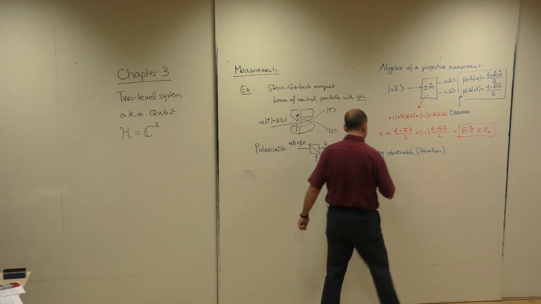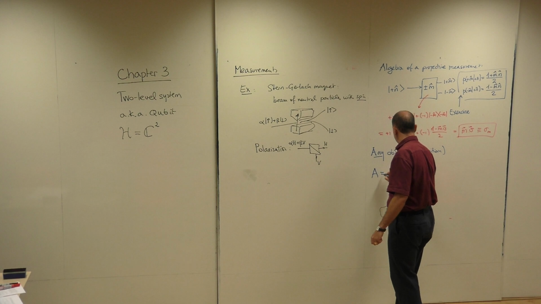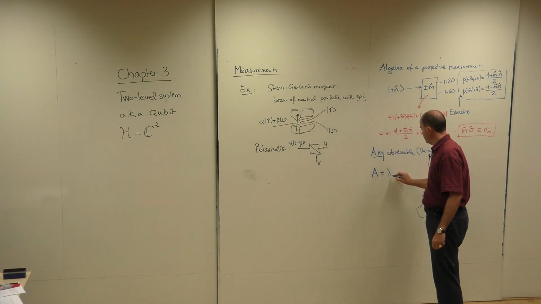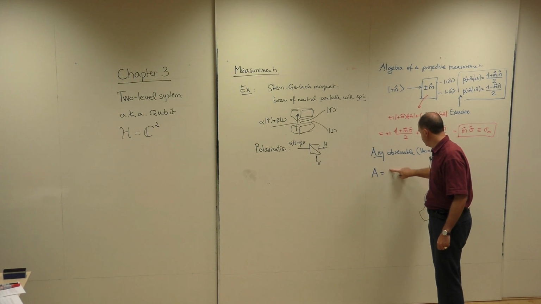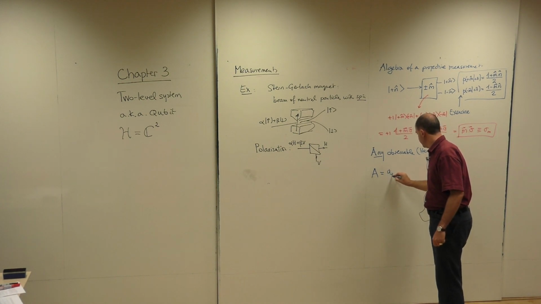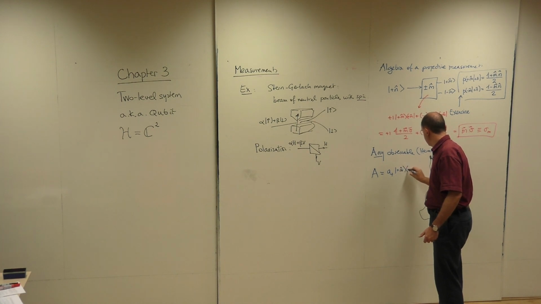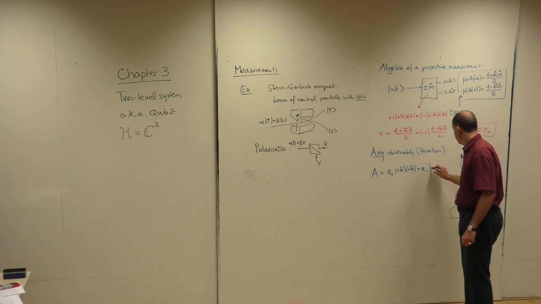If I have an observable A, there are two eigenvalues, A plus and A minus, and two eigenvectors, plus m and minus m.